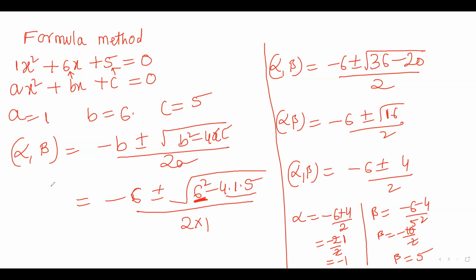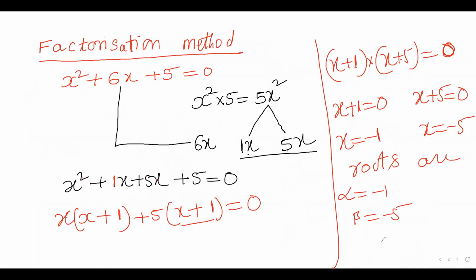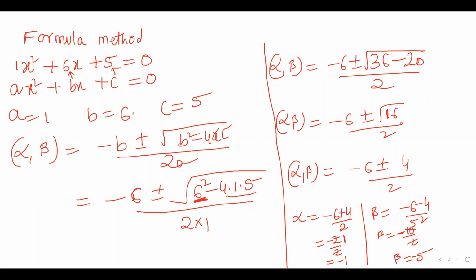So we got the roots as minus 1 comma minus 5. That's it. So this is minus 5. Here minus is there. So we got the same answer, whether it is factorization method or formula method, we get same answer.